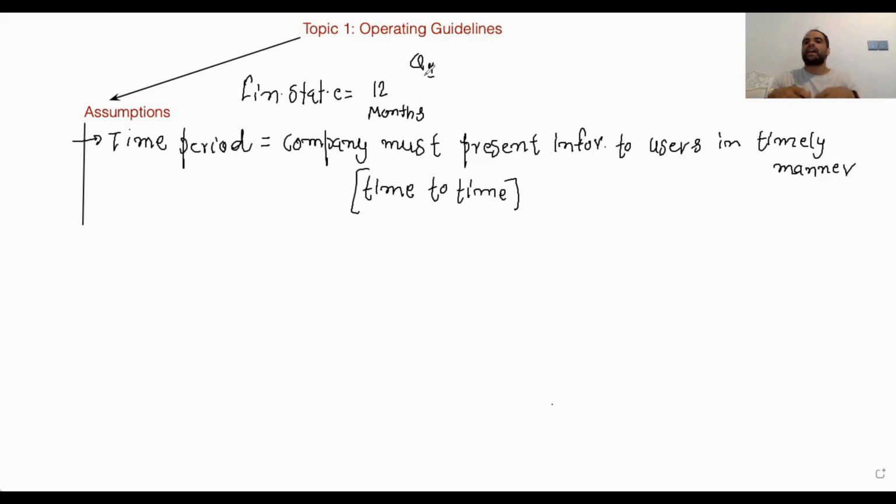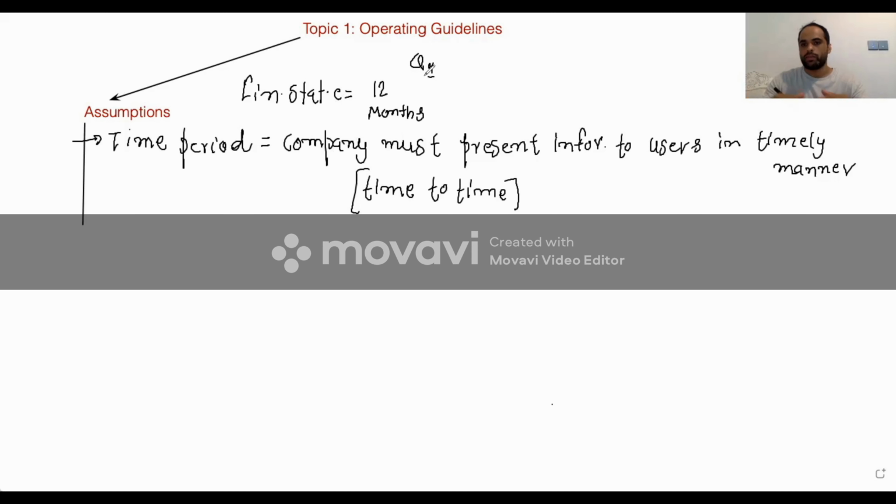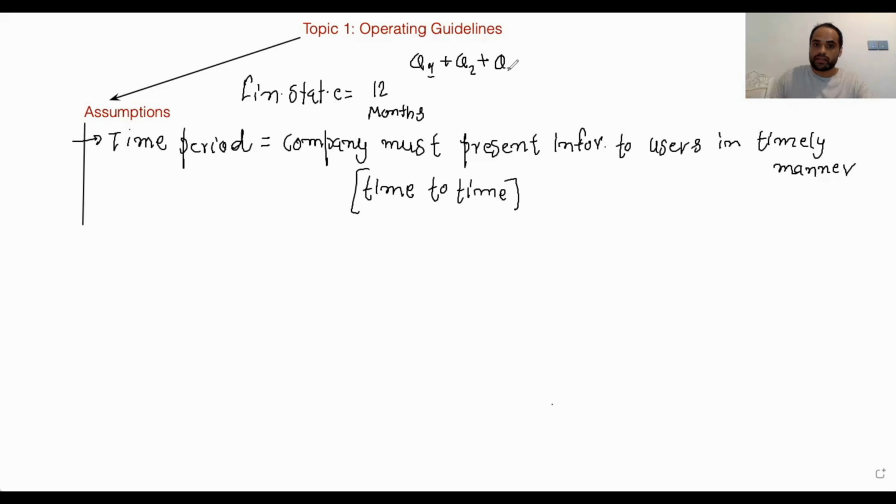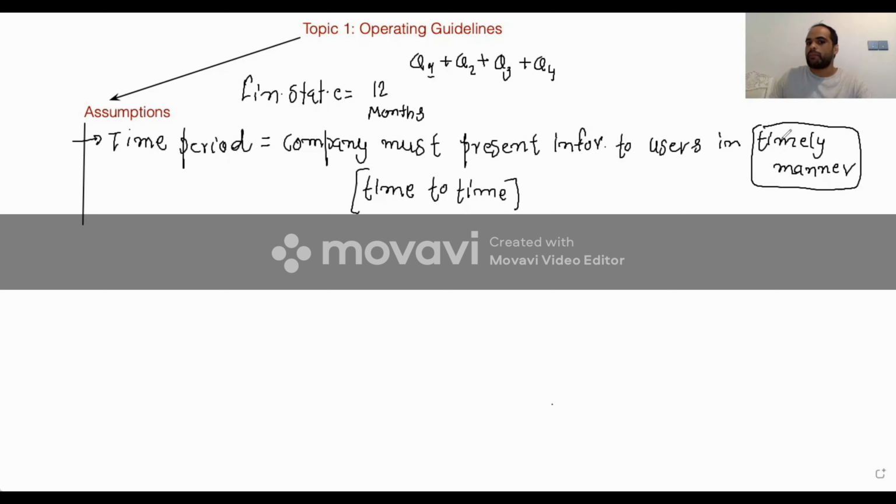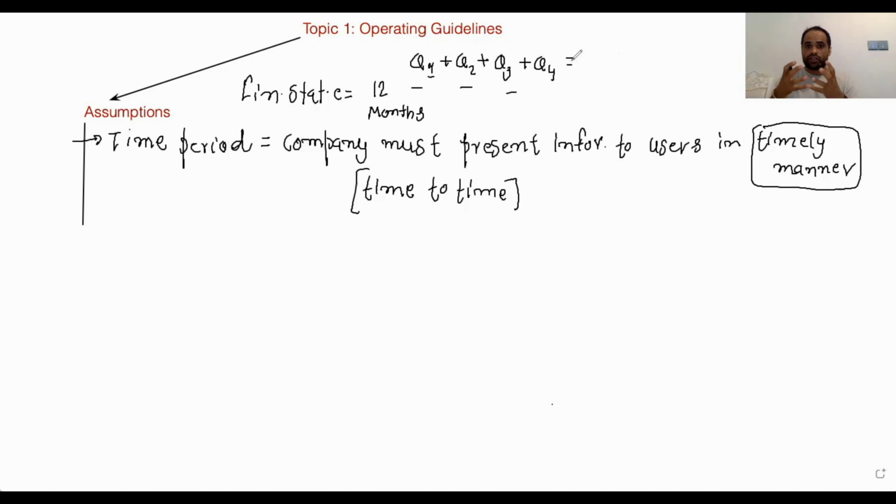After 3 months, the company announces its profit or loss, meaning its financial information, to the users. Then the second quarter, the next 3 months, and the next 3 months. So the company provides information to users on a timely basis. Once the company has provided all quarterly information, when it prepares the financial statement, it combines all these quarterly informations into one financial report for 12 months.